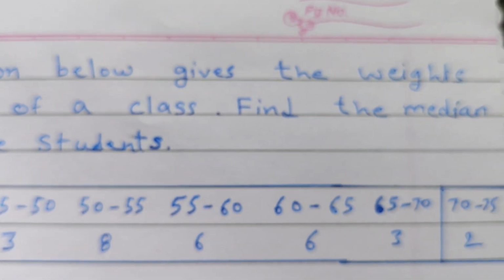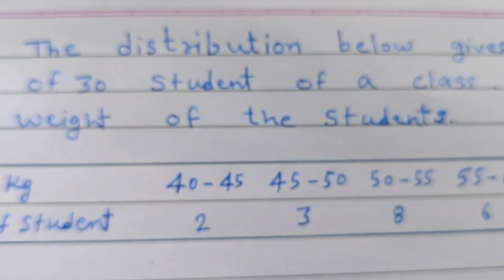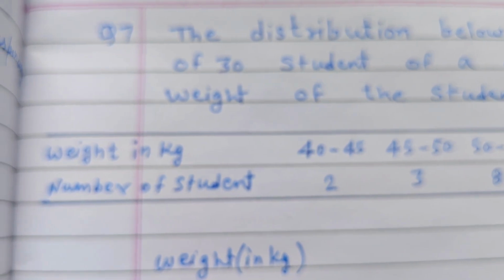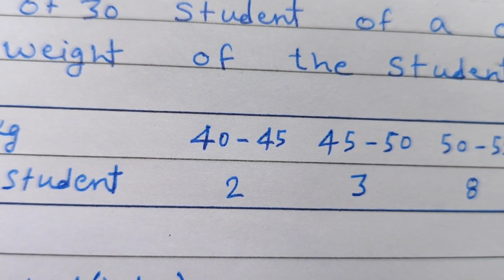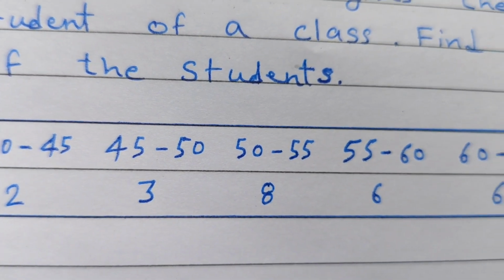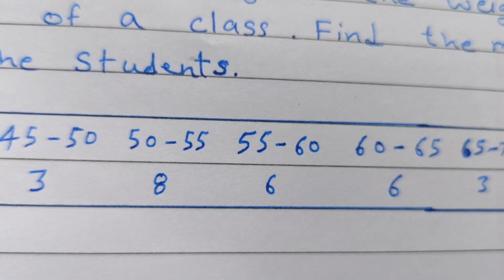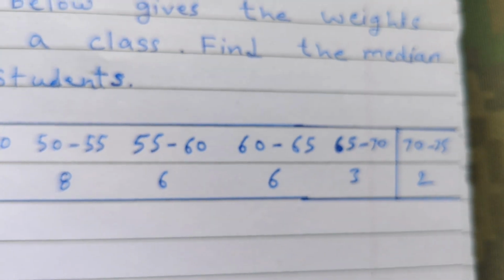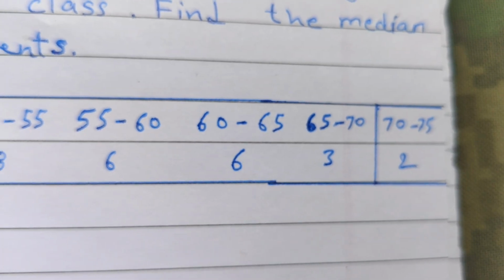Find the median of the weight of the students. Here weight in kg: 40 to 45 is 2, 45 to 50 is 3, 50 to 55 is 8, 55 to 60 is 6, 60 to 65 is 6, 65 to 70 is 3, 70 to 75 is 2.